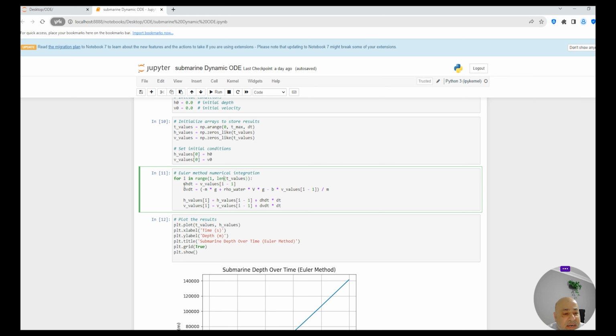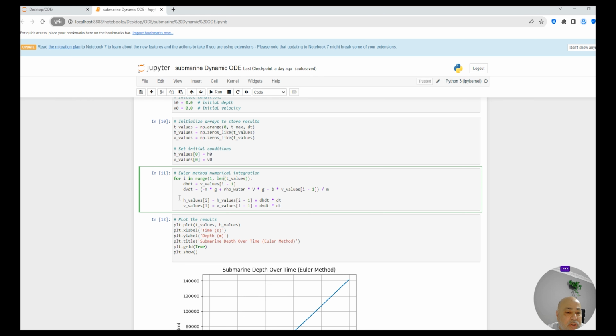Then I defined dh by dt to equal v_value[i-1], and then dv by dt to the equation which we already have, which is minus m multiplied by gravity plus rho, the density of water, multiplied by volume multiplied by gravity, and then the opposing force of the water, which is B multiplied by v_value, all divided by m.